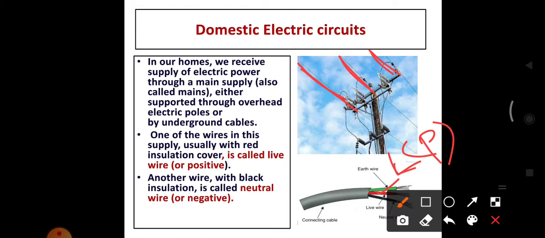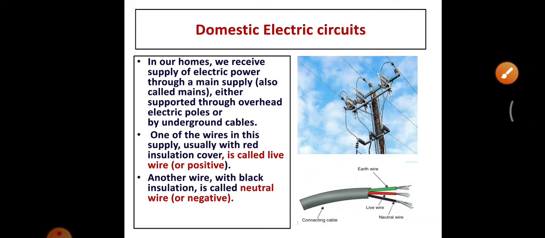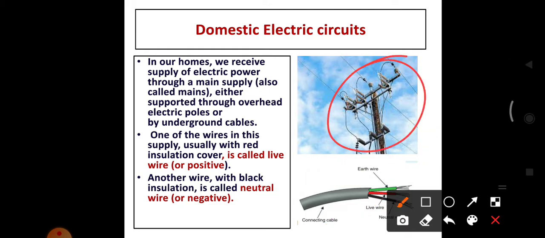And another wire with black insulation is called the neutral wire, that means it is negative. So there are two wires coming from the electric pole to our home. The one wire with red insulation is called the live wire or positive. And the other wire with black insulation is the neutral wire, it gives the negative current.